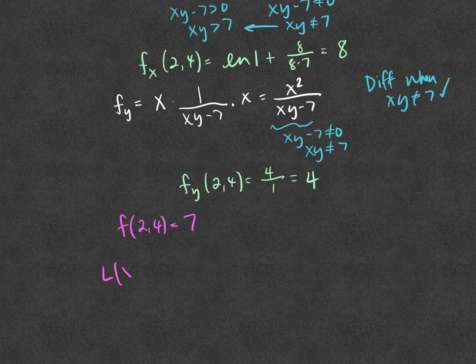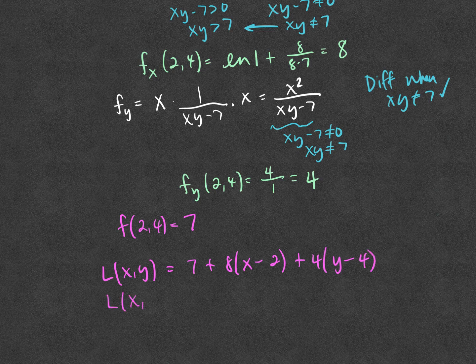We're going to say the linearization of x, y, this function, is equal to f of a, b, which is 7, plus the partial derivative with respect to x, which is 8, times x minus the x value of 2, plus the partial derivative with respect to y, which is 4, times y minus the y value of 4.